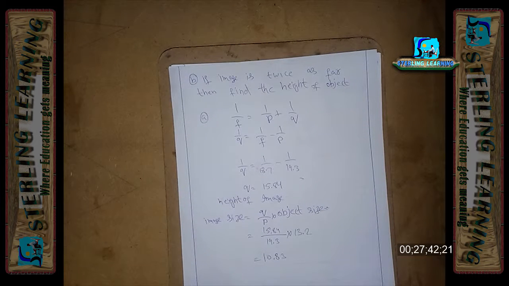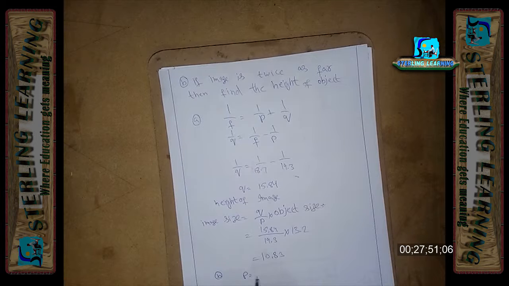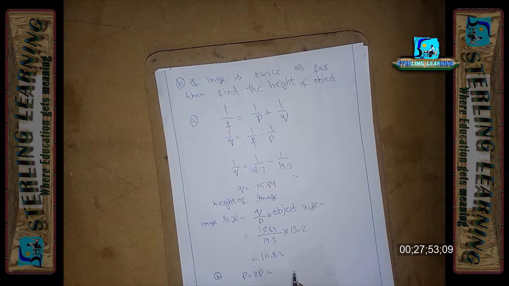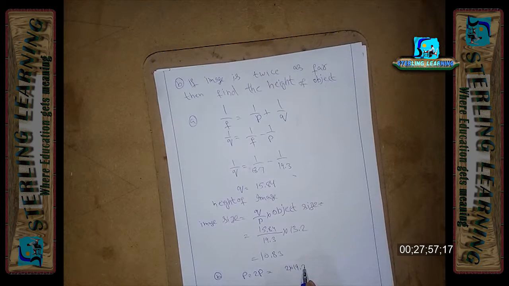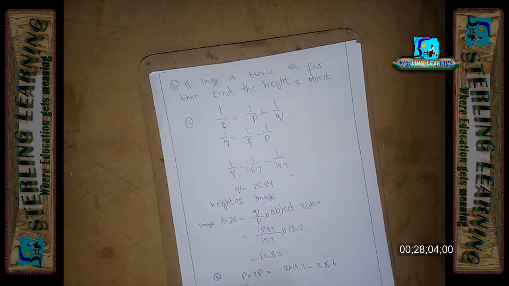Now it gives the condition that when p becomes 2p, which means 2 into 19.3, 38.6, new p becomes 38.6.